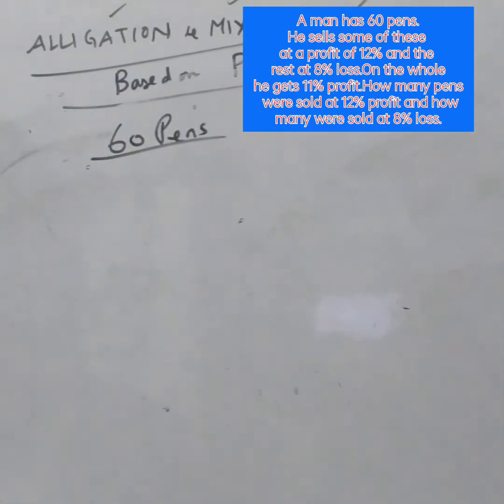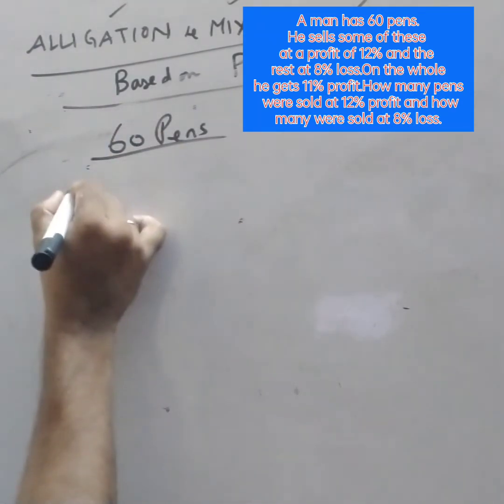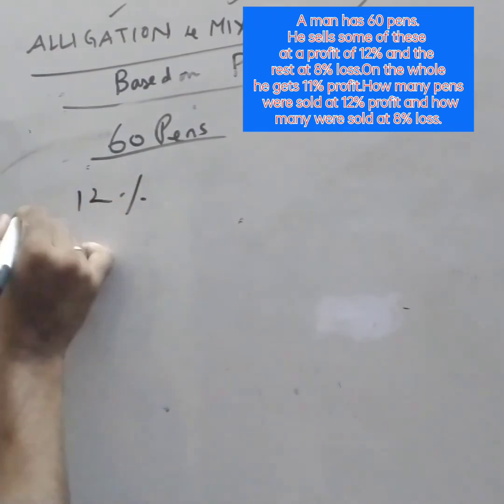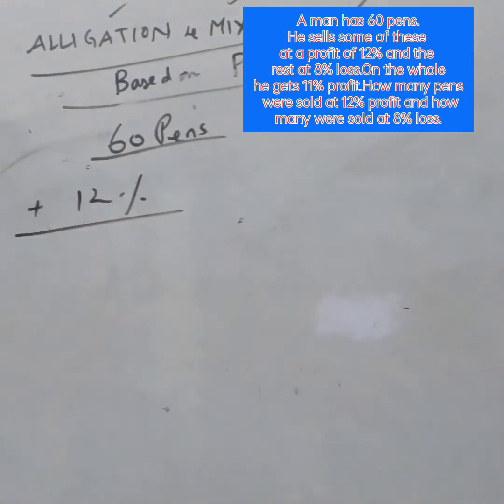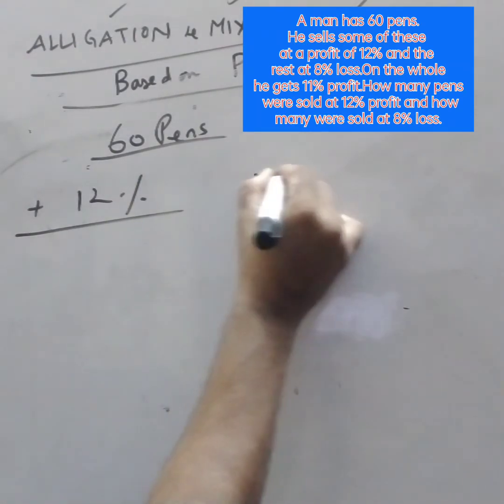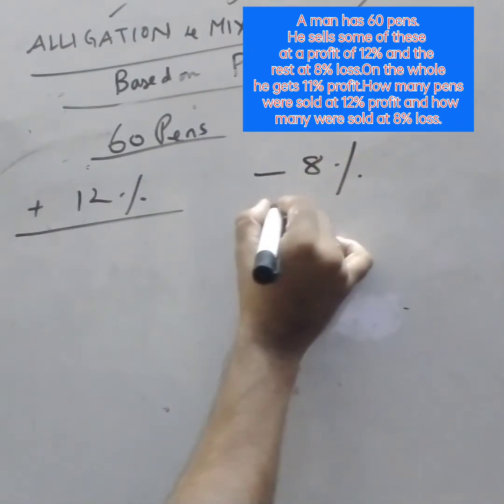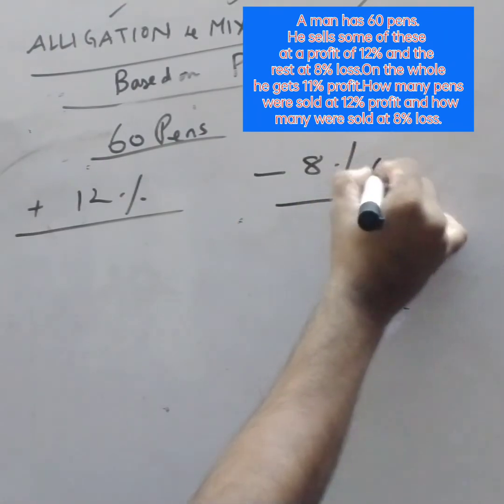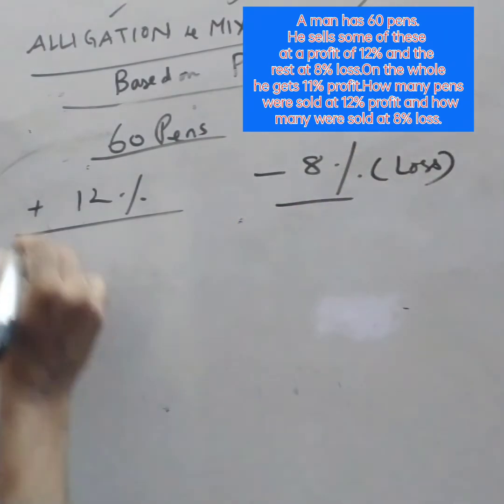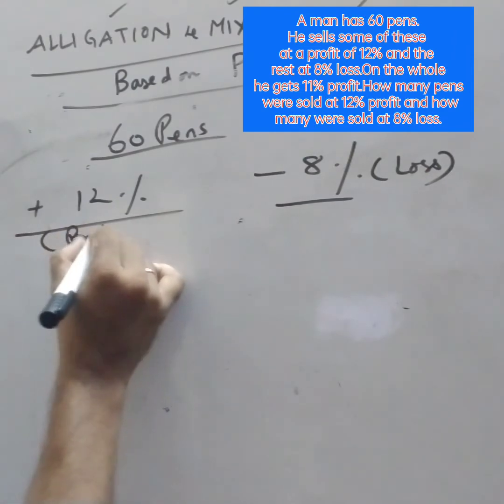He sells some of this at a profit of 12%. Profit is always positive for us, and some of the pence he is selling at a loss of 8%, so minus 8%. This is loss. This is profit.